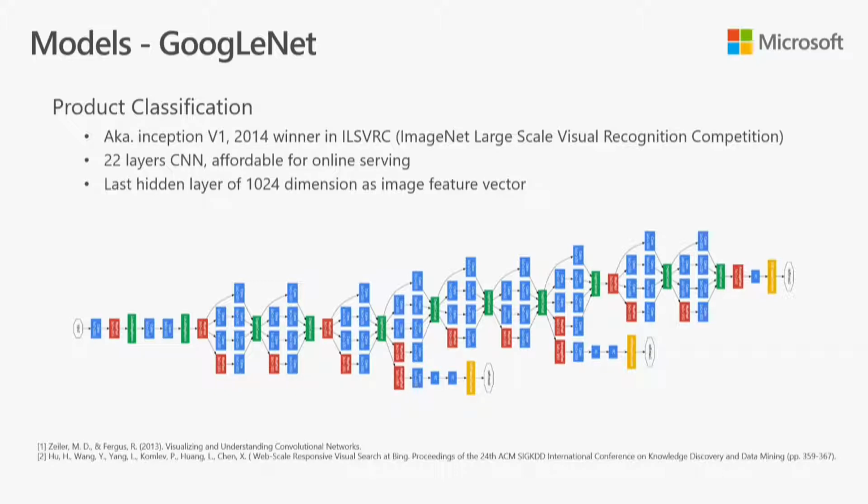It's the 2014 winner in the ImageNet large-scale visual recognition competition, and we use it because it has 22 layers, which is not too deep, so the computation is not very time-consuming for online ad serving. So we take the last hidden layer of 1024 dimensions as the image feature vector.